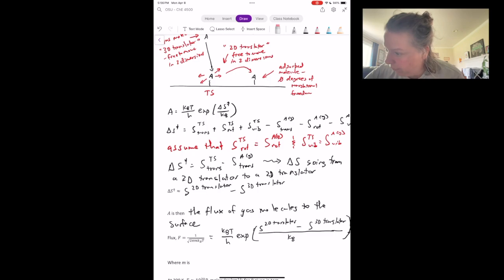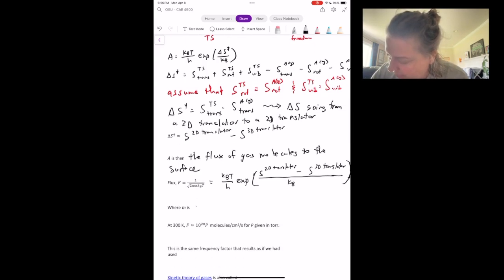In this equation for flux, lowercase m is the molecular mass. So what is the mass of one molecule of whatever gas phase species you're talking about?